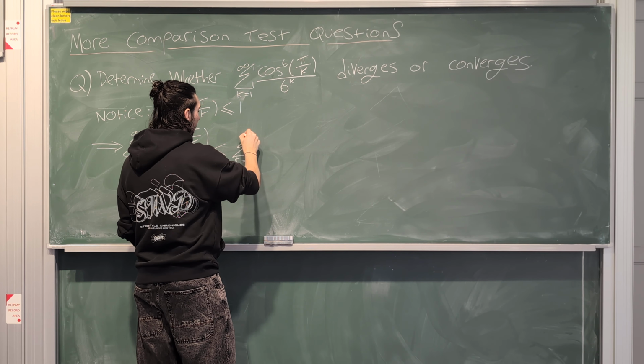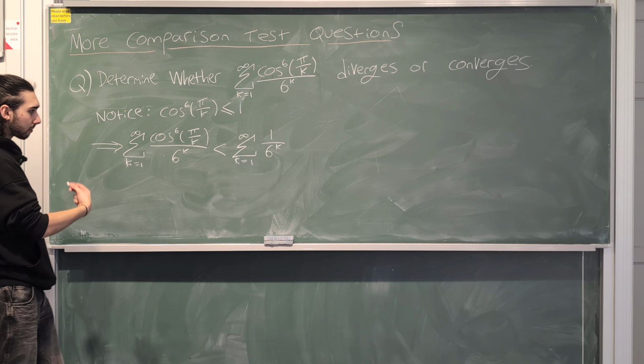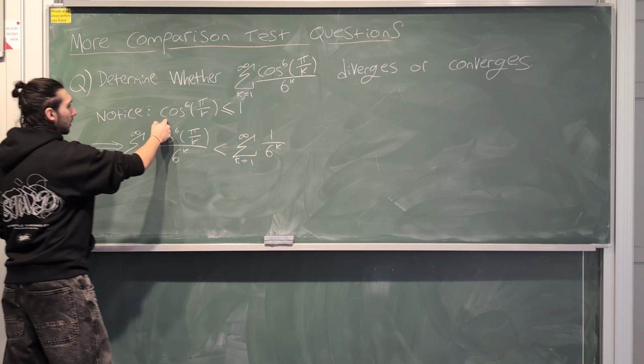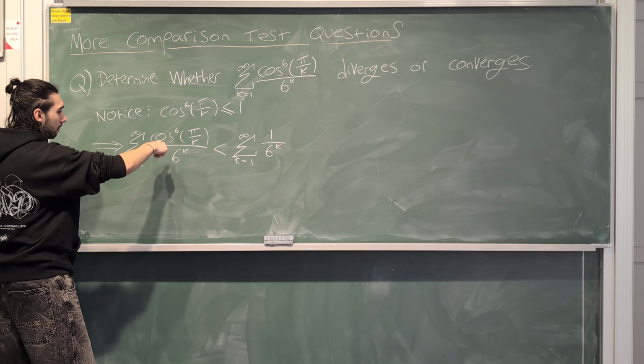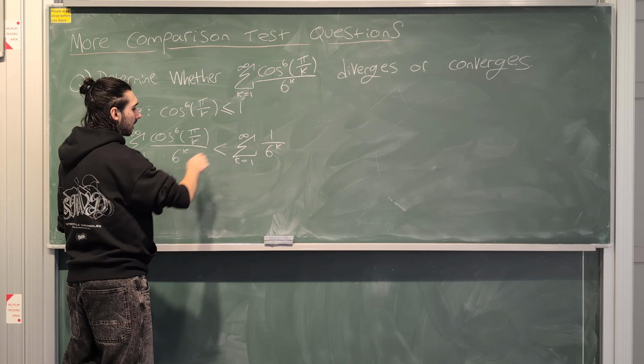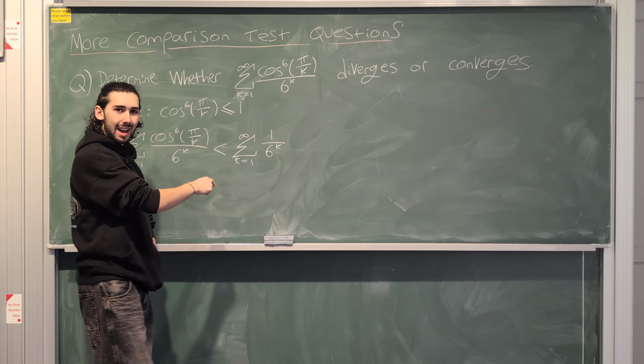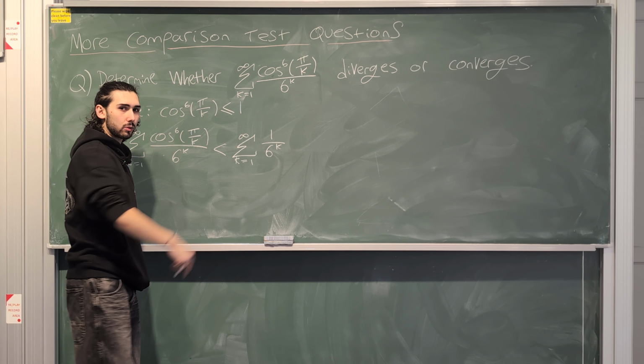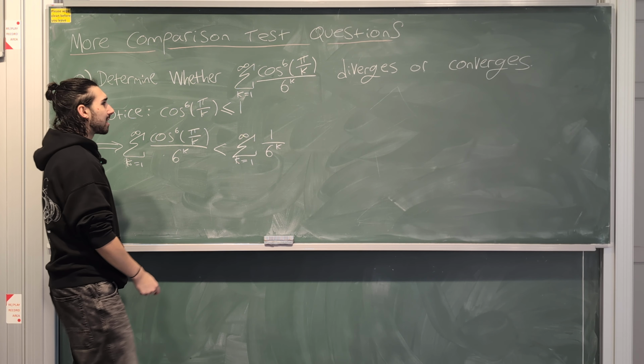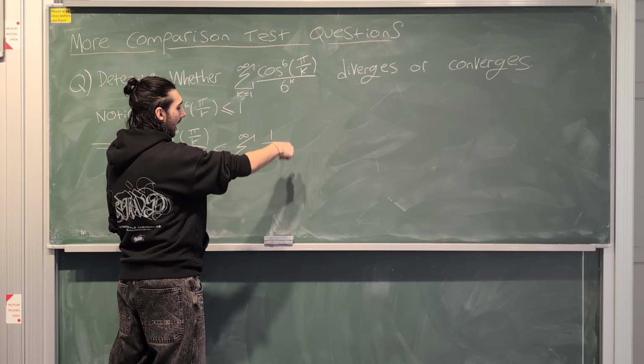Just so you can see what I've done there. Again, because this is always less than or equal to 1, the sum of all these terms would have to be less. Now, guys, what's this? You might say we can use the p-test for this, but actually we can't, because it's not in the form k to the n.